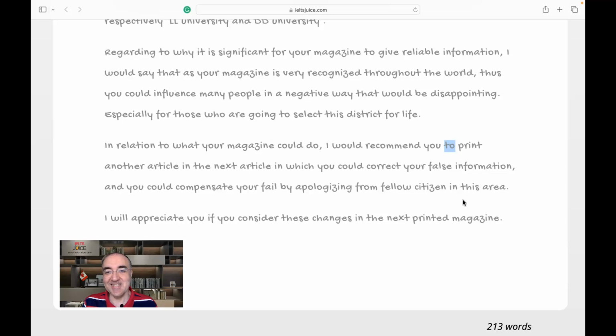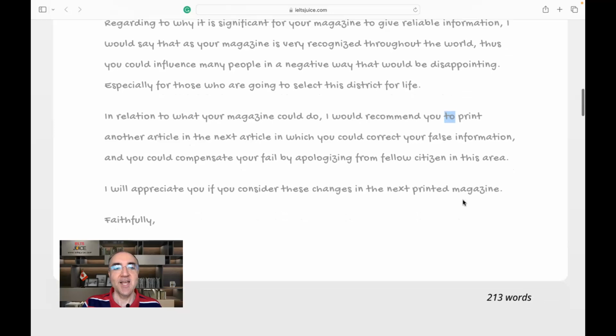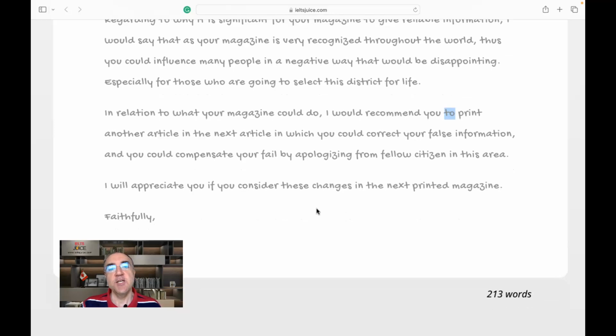Okay, that is very direct, and direct language is good for informal letters, but in formal letters, being direct doesn't sound very polite. I will appreciate if you consider these changes.